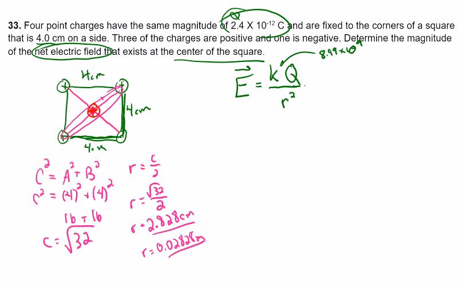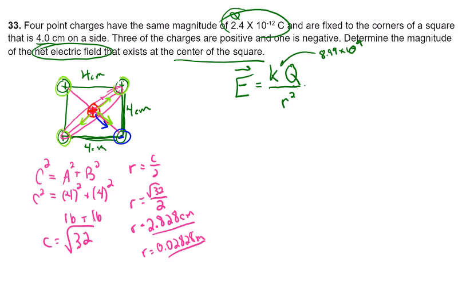As I go through here, this charge up here is going to repel it, so it's going to push it in that direction. If I look at another one of these charges, this charge up here is also going to repel it. This charge down here is also going to repel it. But this charge down here, I'm going to make this one blue so we can see it, this negative charge is actually going to attract it.